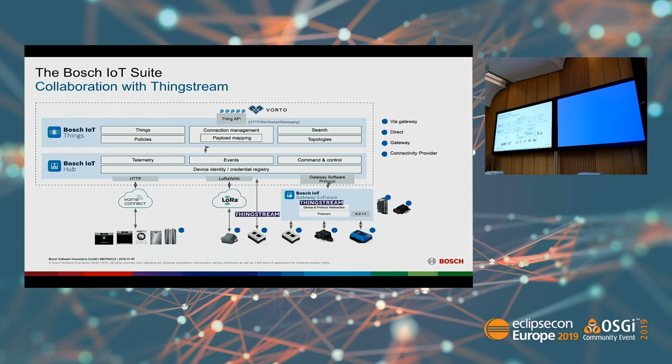It comes with 8, 9 different sensors, and it sends this data either through Wi-Fi, Bluetooth, or USB to some gateway. But what we are currently doing in this case is we have an extension board for a 3G, 4G modem, so that we are able to send messages using the ThingStream client into our Bosch IoT Hub.